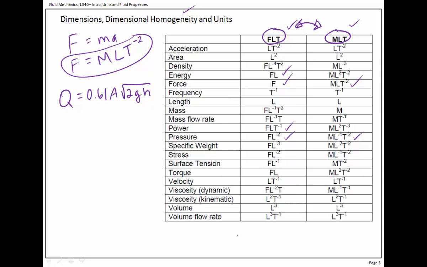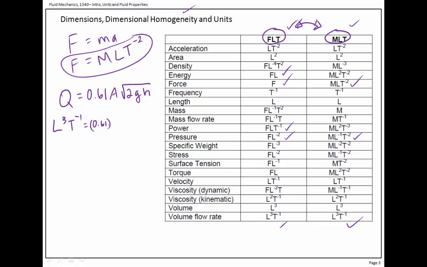So in either the FLT or the MLT system, that's L cubed T to the negative 1. It could be feet cubed per second, or meters cubed per hour, what have you. And then we'll carry the 0.61.